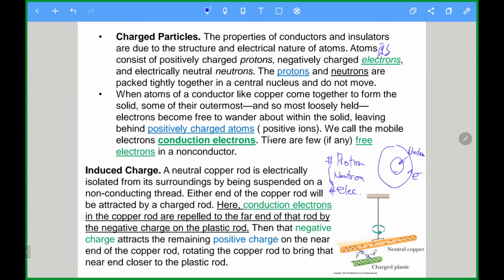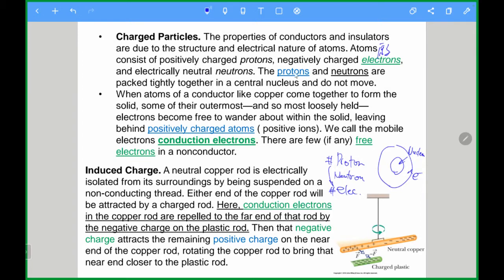So it says the properties of the conductor and insulator are due to the atom consisting of positively charged protons and negatively charged electrons, and the amounts of them are actually the same. So the atom is electrically neutral, and also there will be some neutrons. The neutrons have almost the same mass as the protons, but are electrically neutral.